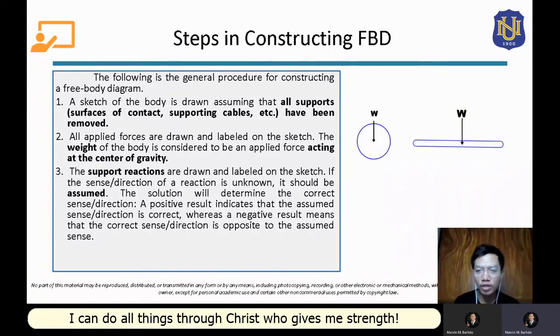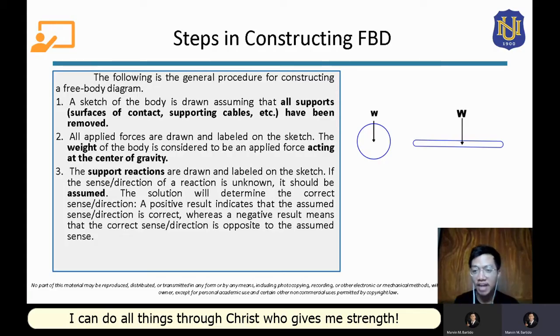The support reactions, again, are the reactions provided by the support. We will discuss the reactions provided by different supports in our succeeding slides.